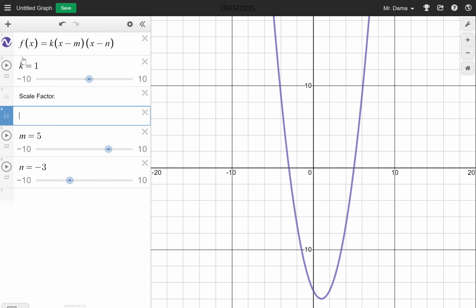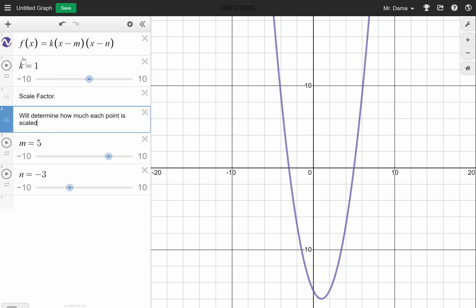So k will determine how much each point is scaled vertically from the standard form.